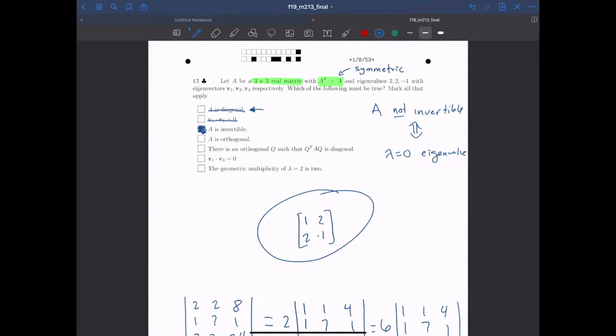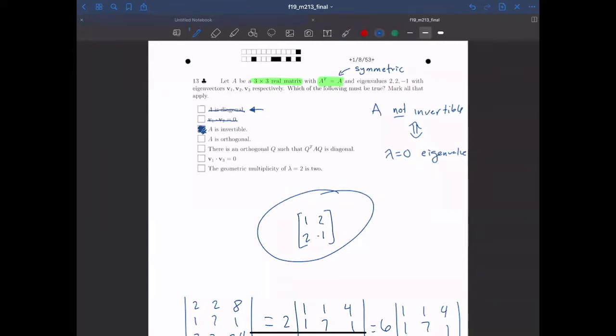If 0 is not an eigenvalue, then you know it has to be invertible. And vice versa, if 0 is an eigenvalue, you know that it's not invertible. Having 0 as an eigenvalue is equivalent to saying that the matrix is not invertible. So in this case, we know that 0 is not an eigenvalue. Therefore, the matrix does have to be invertible.